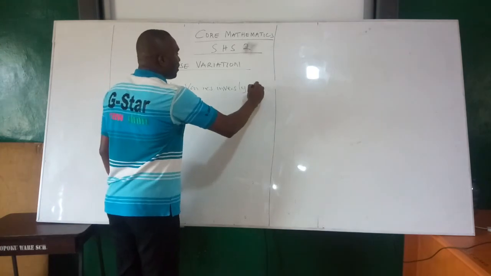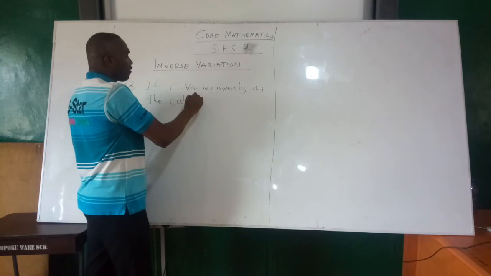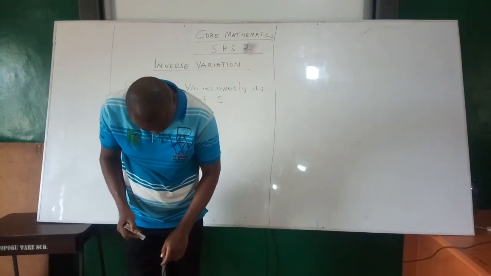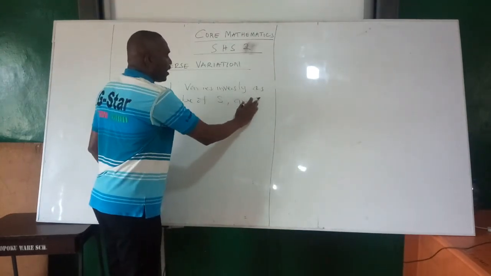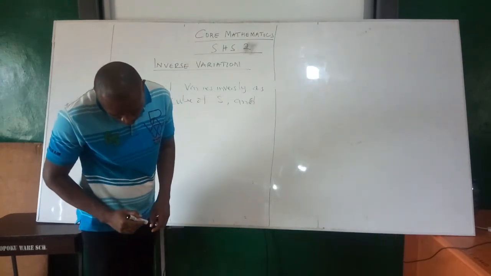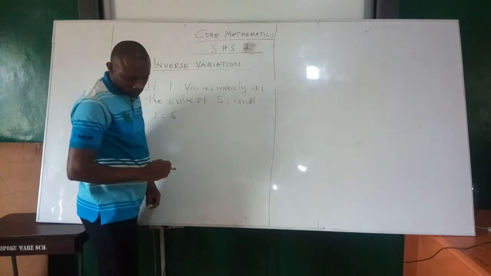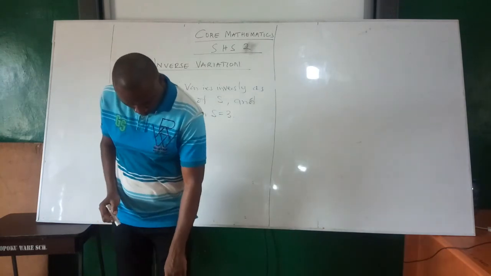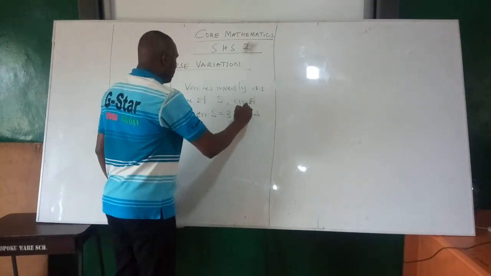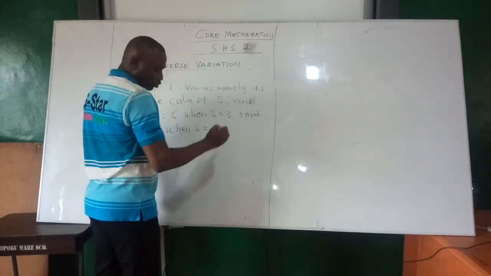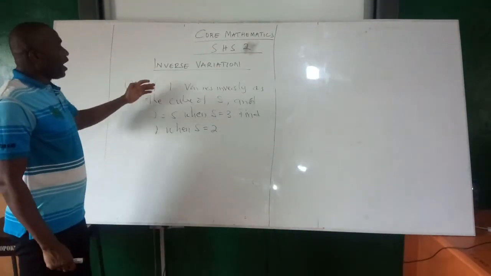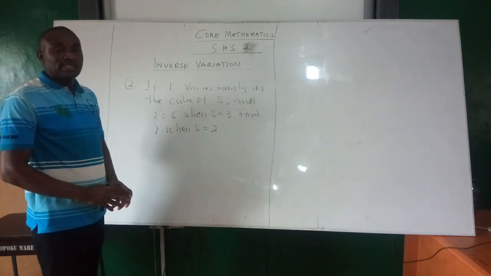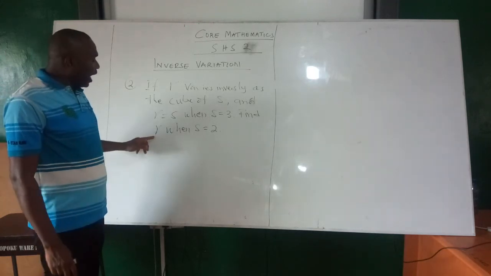R varies inversely as the cube of s, and r equal 5 when s equal 3. Full stop. Find r when s equal 2.